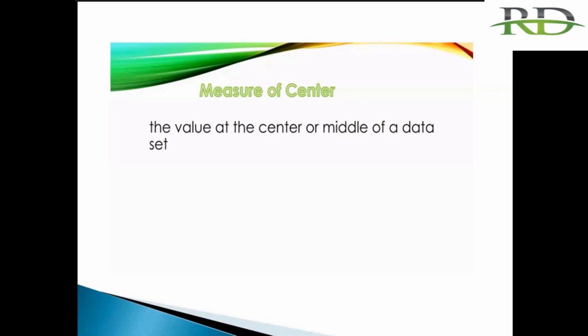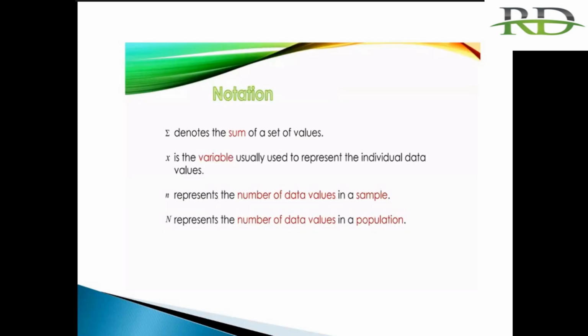And further, mean is of three types: arithmetic mean, geometric mean, and harmonic mean. These are some usual notations: sigma denotes the sum, x is a variable, n is the number of values in a sample, that is sample size, and capital N represents the population size.